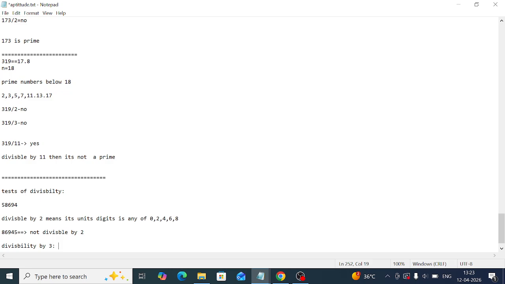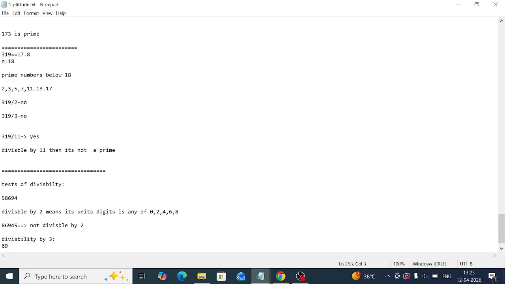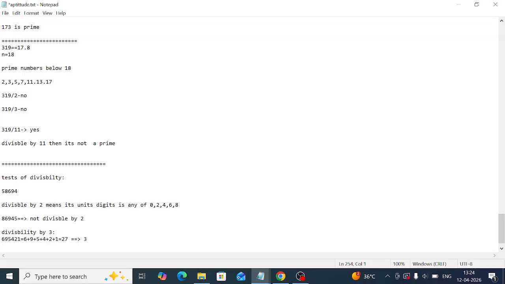For example, 695421: 6 plus 9 is 15, 15 plus 5 is 20, 20 plus 4 is 24, 24 plus 2 is 26, 26 plus 1 is 27. 3 nines are 27, so it is divisible by 3. Like this, you add all the digits and then check the number you get.